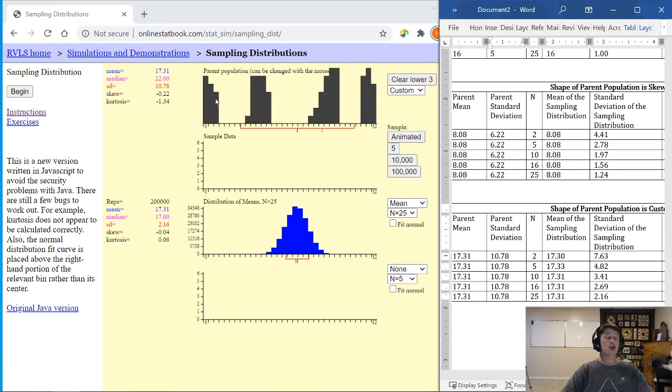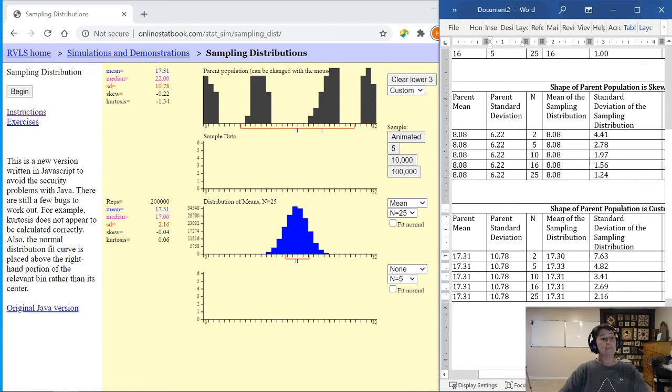It turns out that no matter what my parent distribution is, when I pull out a sample of data and find a statistic from that data, in this case my statistic is a mean, and I create a new distribution, a sampling distribution of that sample data, as my sample size gets larger, this new distribution becomes more and more symmetric, or it approaches normal.